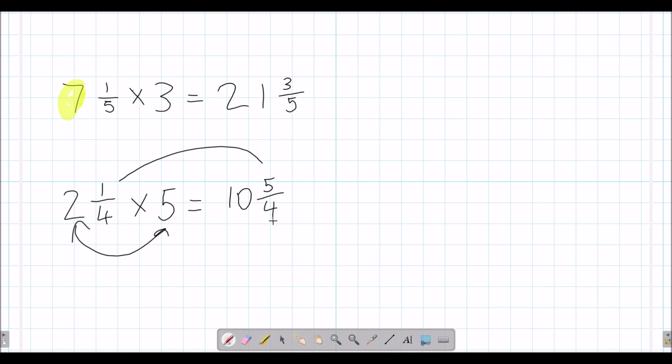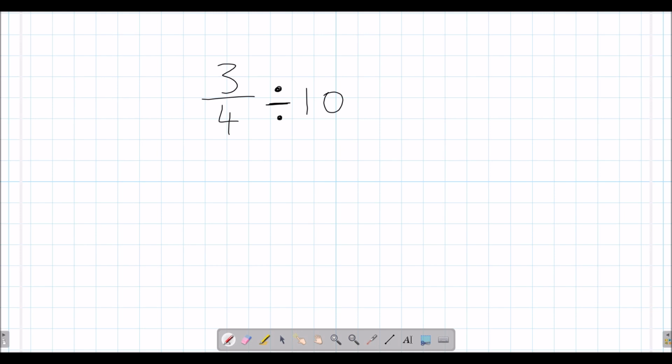Now in class we'd call that a bit of an ugly answer. I can get another whole from this 5/4. So I know that 10 and 5/4 is the same as 11 1/4. So look to adjust so that you get the right mixed number with an improper fraction at the end.